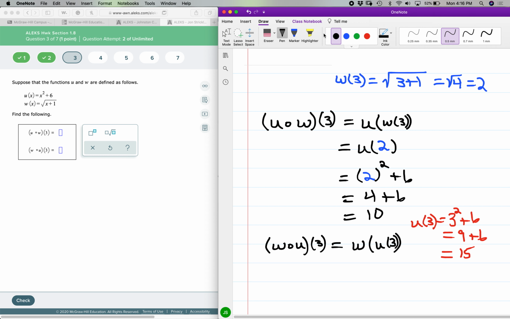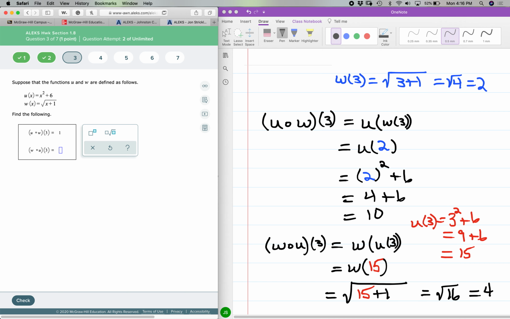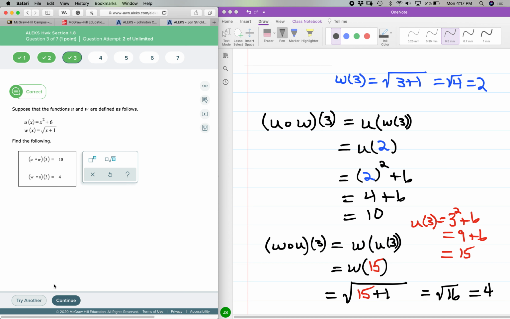So we have w of 15, following w of x. So we're going to have the square root of 15 plus 1, and so we have the square root of 16, which in turn is equal to 4. So the first composition, the outcome is 10, and the next is 4, and checking, the result is correct.